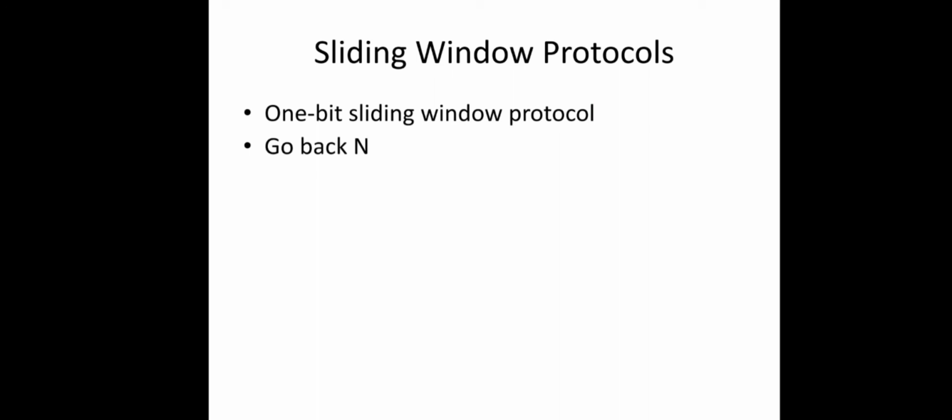Two other protocols are there, called go back N and selective repeat. These three protocols differ in terms of efficiency, complexity, buffer requirements, etc. So we will see the first protocol, the basic version of the sliding window protocol, here, and the remaining two protocols we will see in the next sessions.